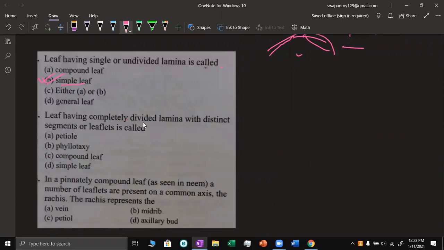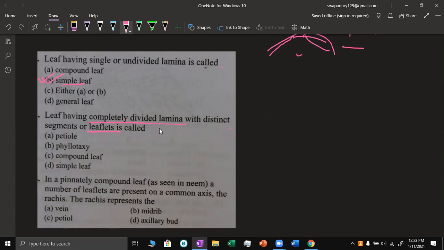Leaf having completely divided lamina with distinct segments or leaflets. Large one is leaf, a smaller one, its component, is leaflet.